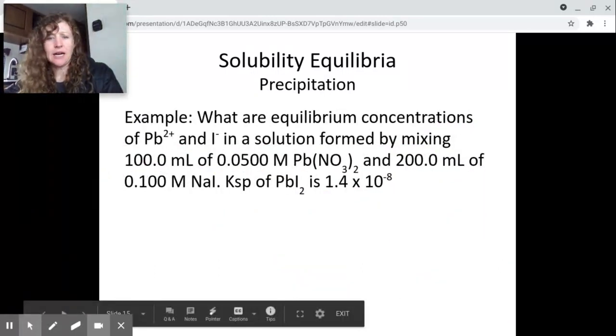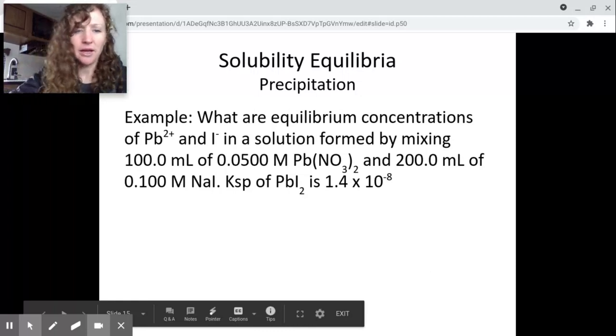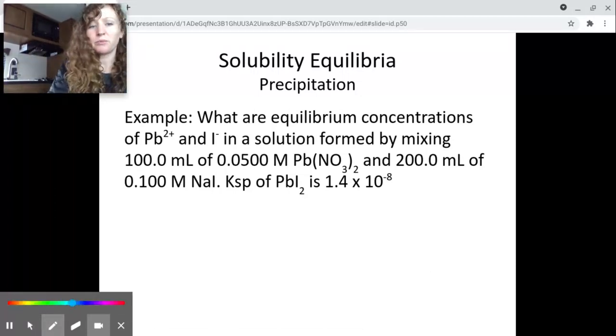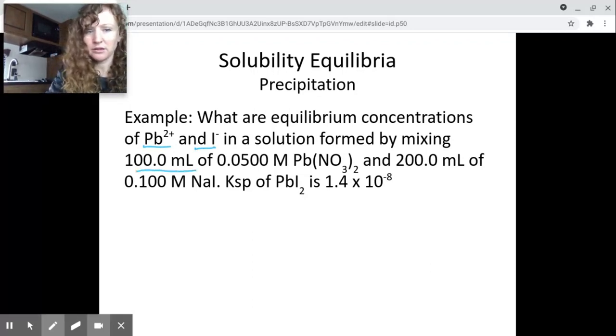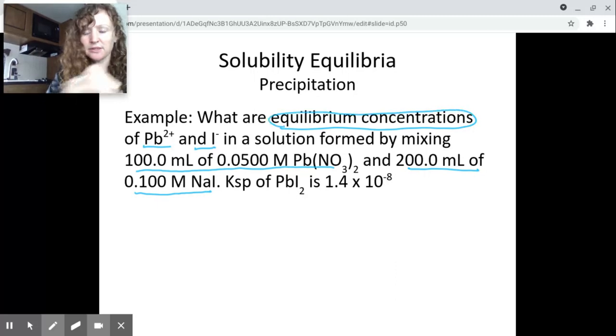Okay. What are equilibrium concentrations of Pb2+ and I minus in a solution formed by mixing volume and molarity of PbNO3, volume and molarity of NaI? What are equilibrium concentrations of these things?